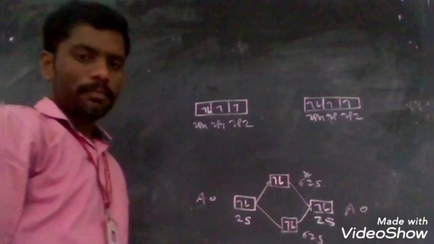This is the molecular orbital energy level diagram for oxygen molecule. It contains a total of 8 electrons.